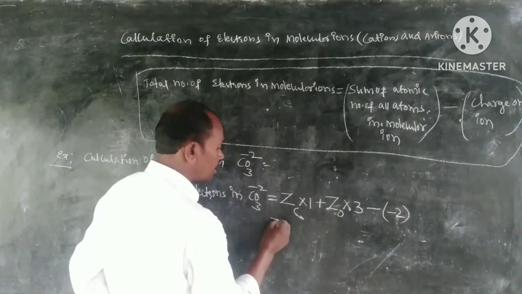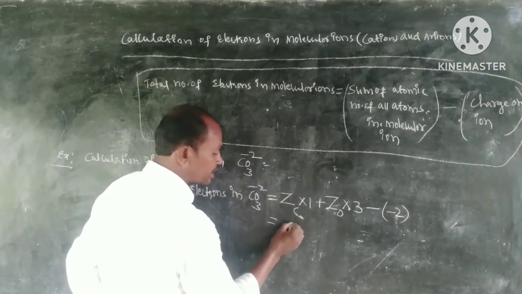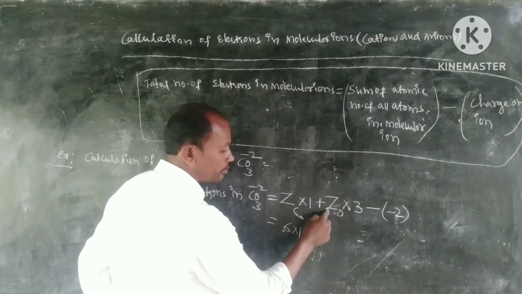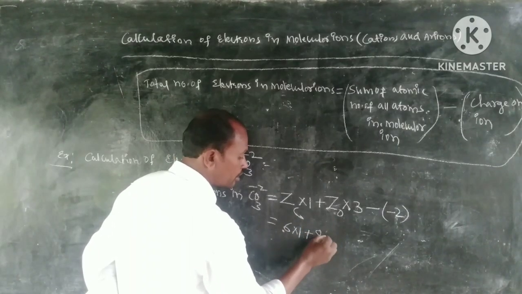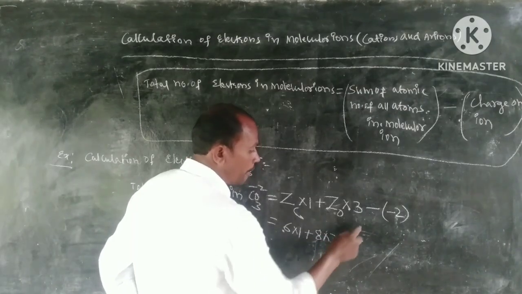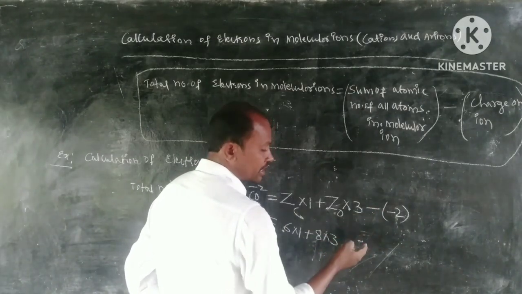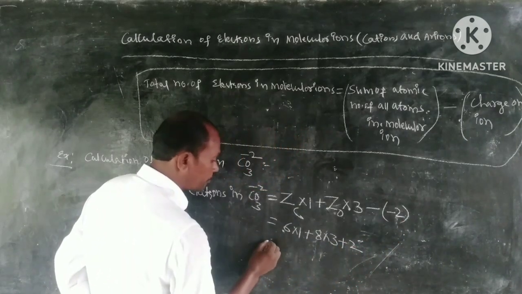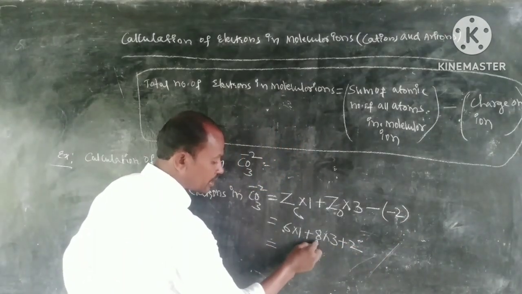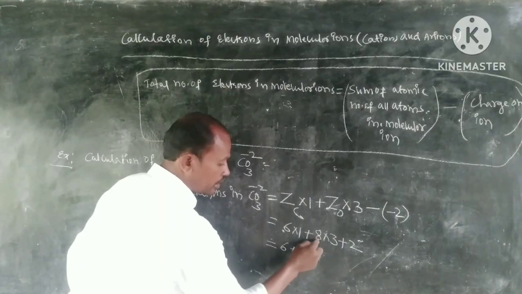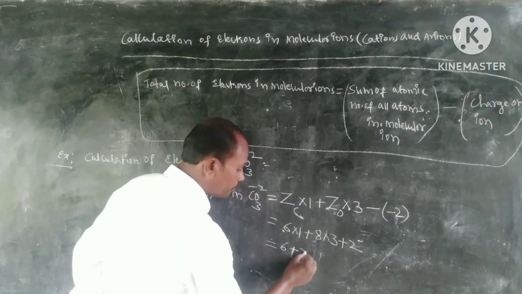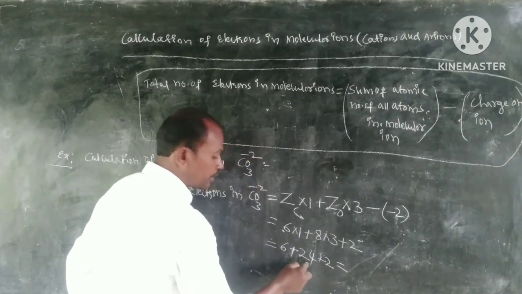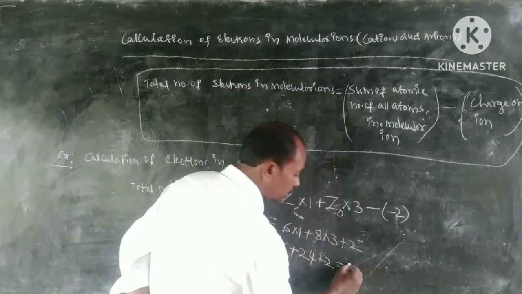So that is equal to the atomic number of carbon, 6, into 1, plus the atomic number of oxygen, 8, into 3, minus into minus, plus 2. Totally 6 plus 8 times 3 is 24, plus 2. 6 plus 24 is 30, plus 2 is 32 electrons.